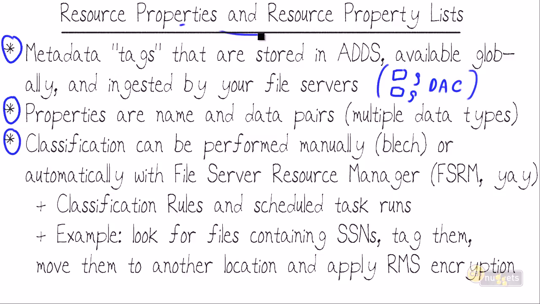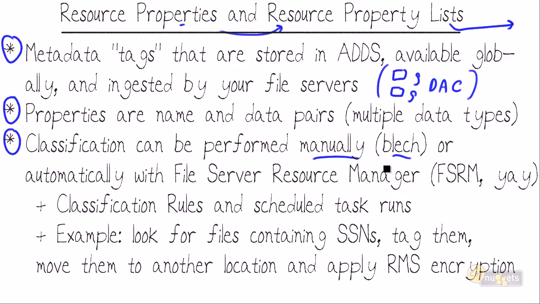You roll those up into a resource property list and then fly those out to your file servers. And once you've deployed your resource property list or lists to your file servers, you'll find the classification tag on file system resources where you can manually assign tags, which I wouldn't recommend. It's a lot of work if you have anything more than a very small amount of files and folders.